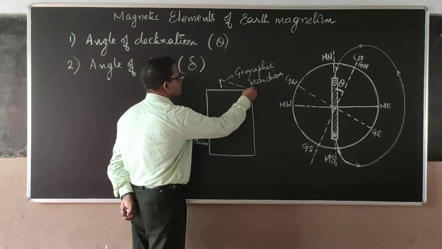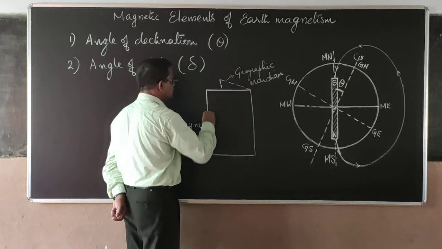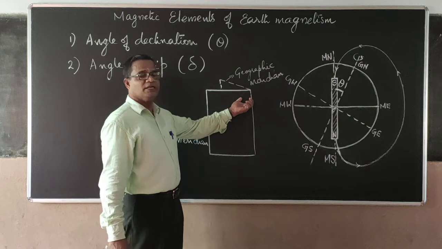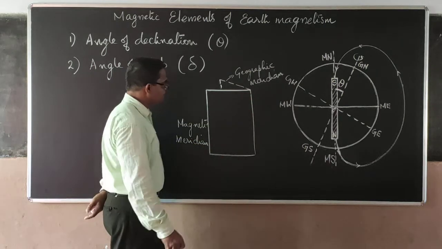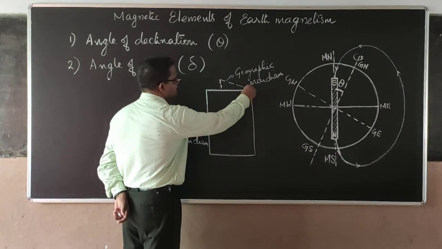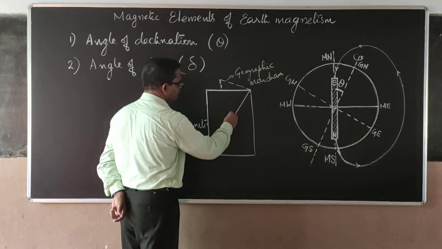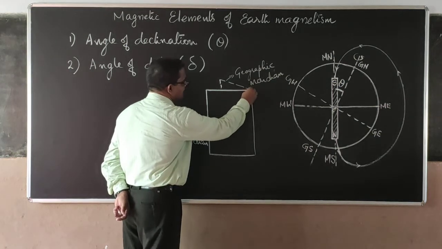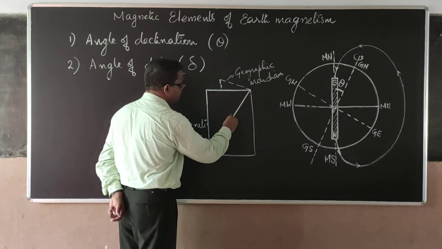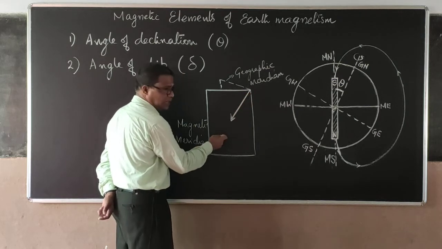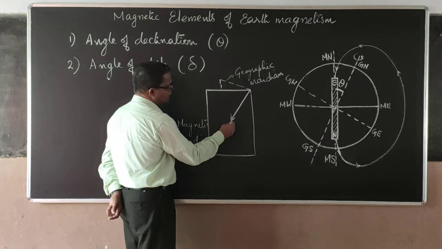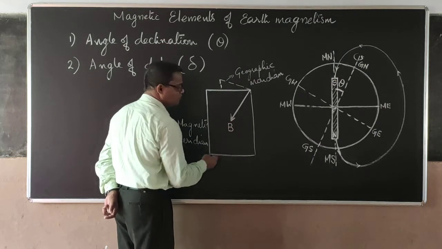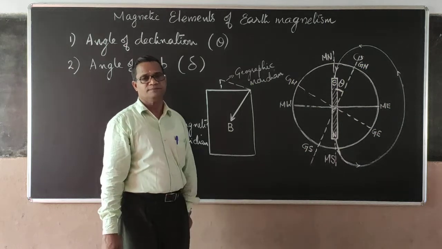Then, if we consider the compass needle kept at this particular point, you can find that the magnetic needle will be pointing along this direction. The needle shows the magnetic field of Earth at the place.